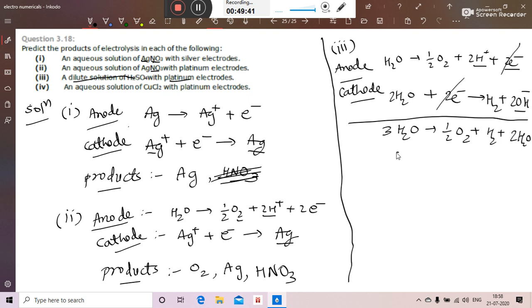Now from both the sides you can remove 2H2O. So when you remove 2H2O from both the sides, finally we are getting H2O gives half O2 plus H2. That means products are oxygen and hydrogen.